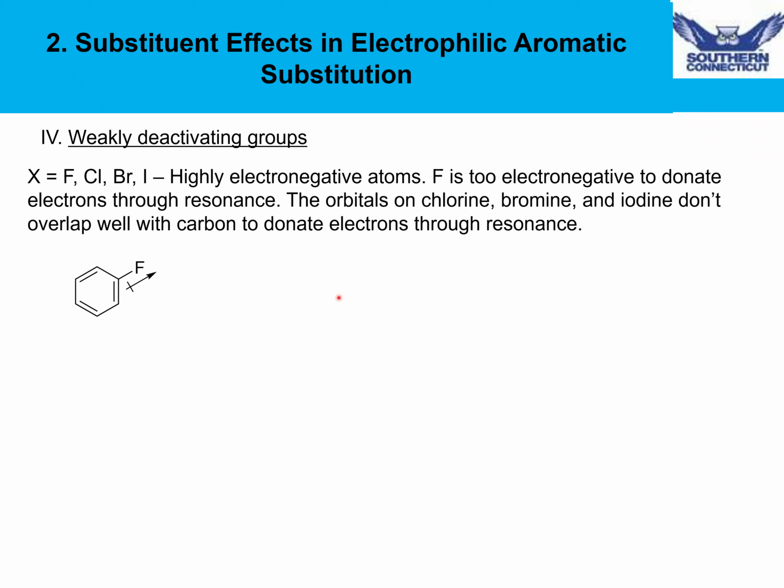So overall, the halogens, although they have lone pairs like oxygen and nitrogen, because they're more electronegative or they are too big of an atom, they're generally not able to donate electron density into the ring as well as oxygen and nitrogen.